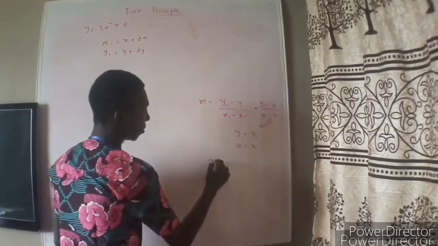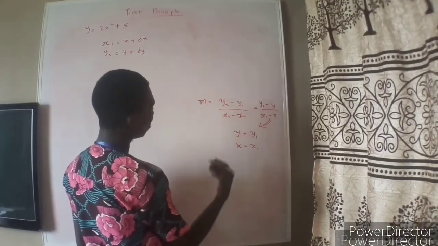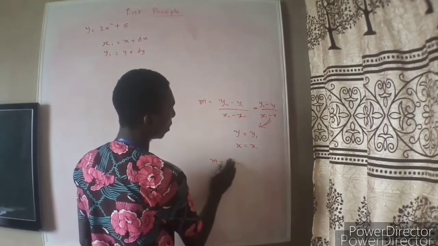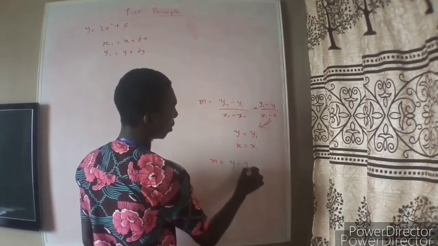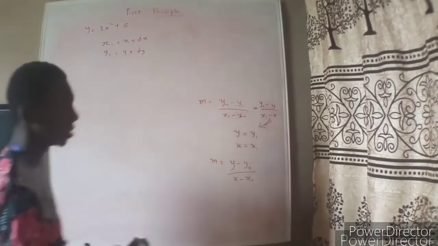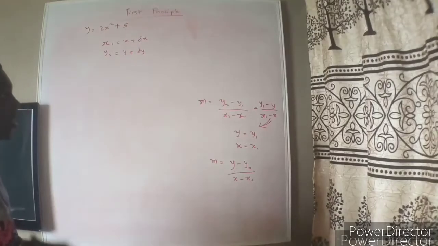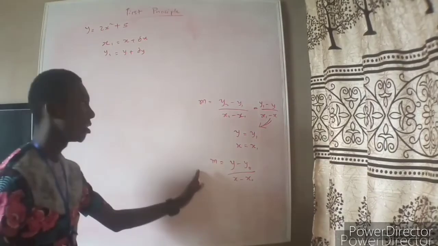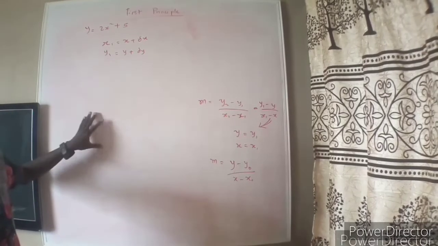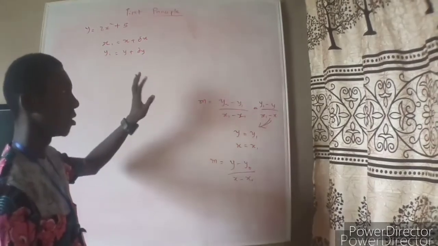I can also say my slope is equal, whichever way you want, to y minus y naught over x minus x naught. Whichever way you put it, that doesn't matter. What matters is just making sure the smaller one is being subtracted from the higher one.